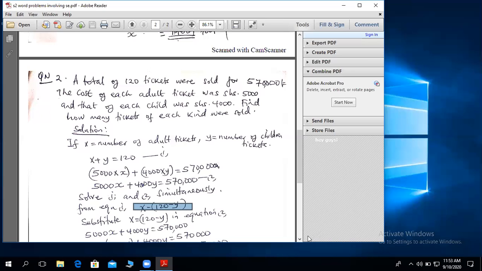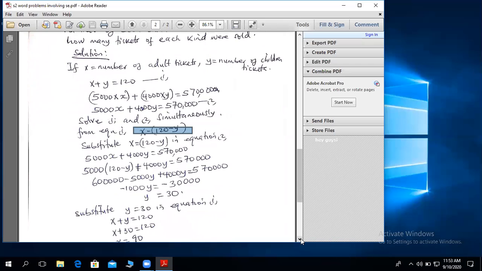From equation 1, X is equal to 120 minus Y. Then I substitute this answer in equation 2.